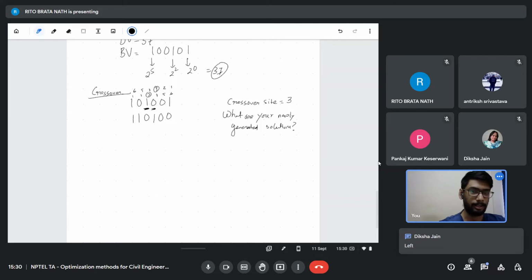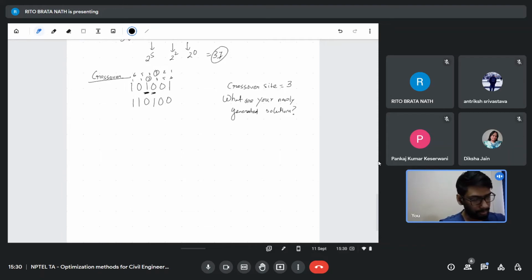Left. Yeah, correct, exactly. So suppose this is the third one that I have given you. Since this is the crossover site, you just break it from here itself.